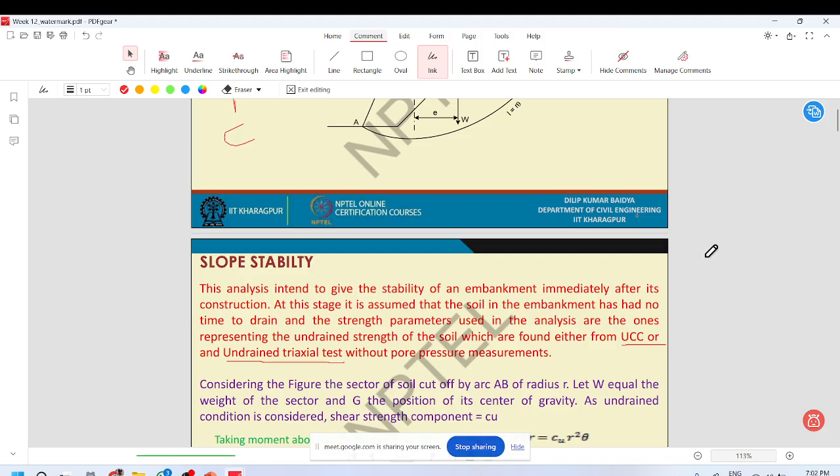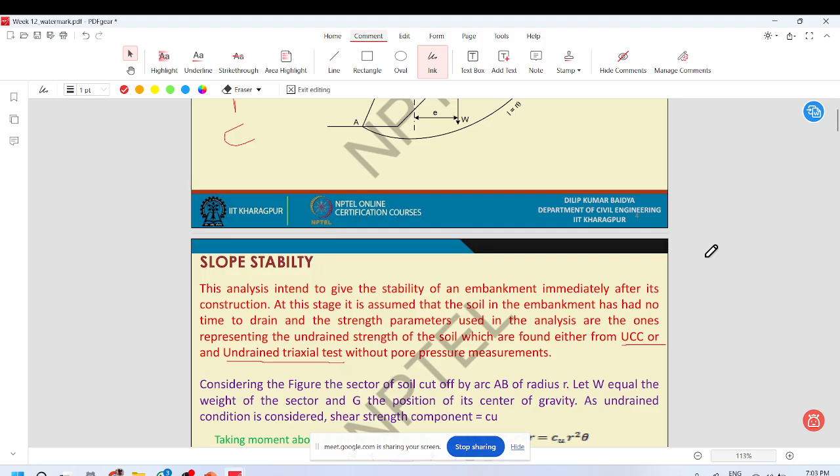Usually, that is not how we get the soil. This is only what we write in the textbook. Usually the soil that we get is almost certainly C-phi soil. Sometimes the cohesive strength will be greater than the phi strength, and sometimes the phi strength will be greater than the cohesive strength, but there is always a mixture.